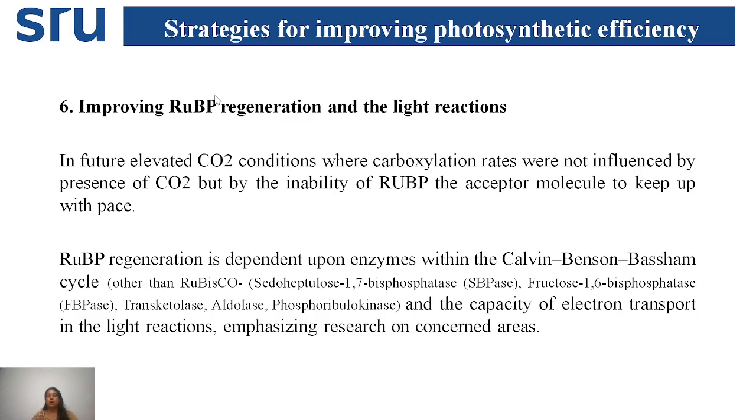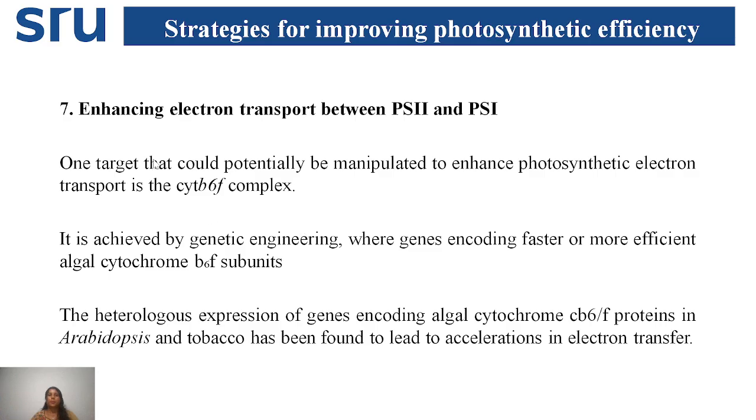We can improve the concentration of these enzymes to increase the RuBP regeneration. Here I mentioned some: sedoheptulose 1,7-bisphosphatase, fructose 1,6-bisphosphatase, transketolase, aldolase, phosphoribulokinase. All these enzymes are involved in regeneration. So by overexpressing these, we can improve the Rubisco content and enhance electron transport. Photosystem 1 and photosystem 2 are in the thylakoid membrane. The content of these pigment protein complexes we can improve, so as to improve photosynthesis.